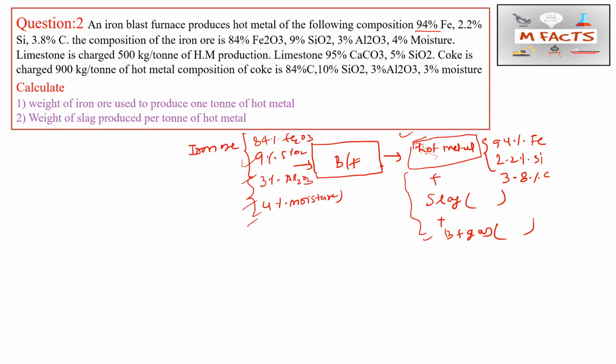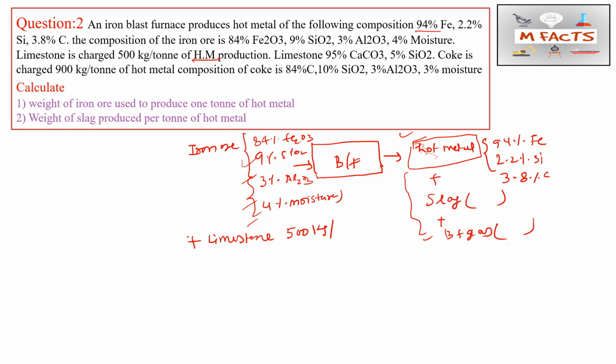Okay, so limestone is charged at 5 kg per ton of hot metal. This HM means hot metal. So the next thing which we are charging here is limestone, 5 kg per ton.